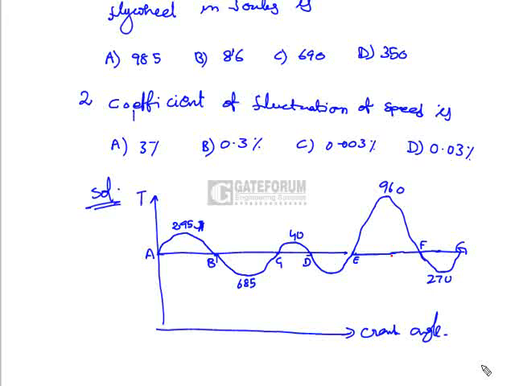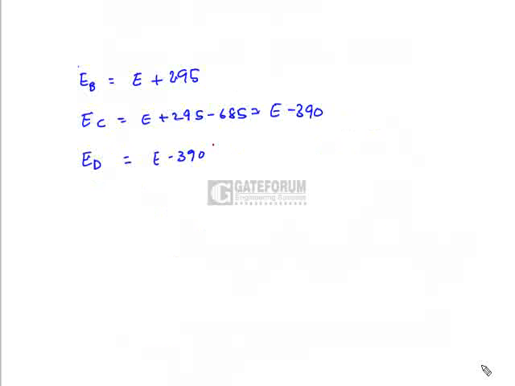Consider from point A to G. At point A the energy is simply E. Then, plus 40 is equal to E minus 350.